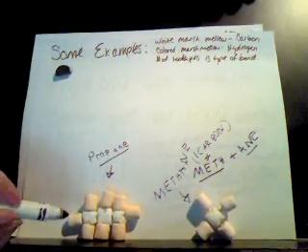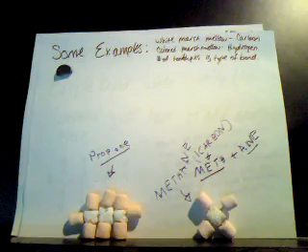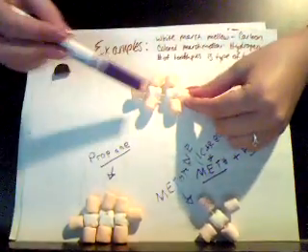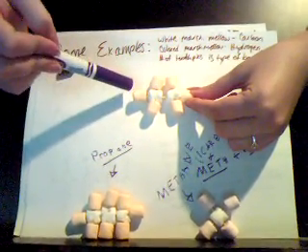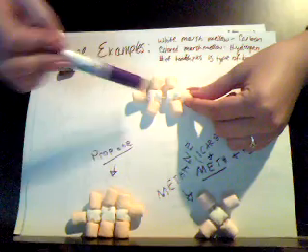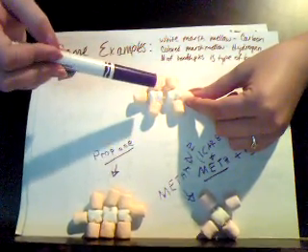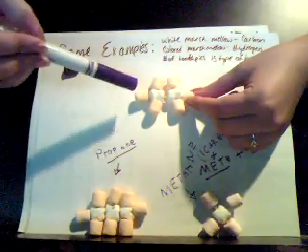This hydrocarbon compound is propane. Here we have 1, 2 carbons, all single bonds. Can you guess what it is? Well, 2 carbons is eth, and all single bonds is ane. So the title of this one would be ethane.